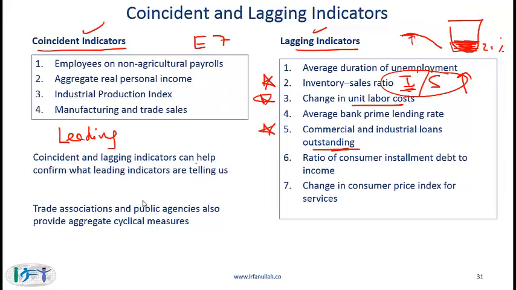So if we have a leading indicator at this stage which is telling us that the economy is going to peak or going to slow down, then after that we notice a coincident indicator peaking, and then we notice that a lagging indicator is peaking over here, then these two indicators, the coincident and lagging indicators, serve as a confirmation of what the leading indicator suggested earlier.